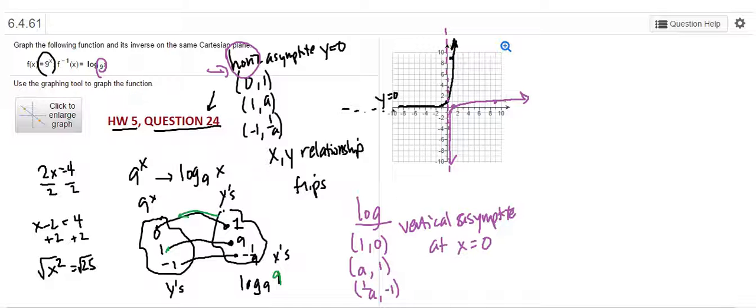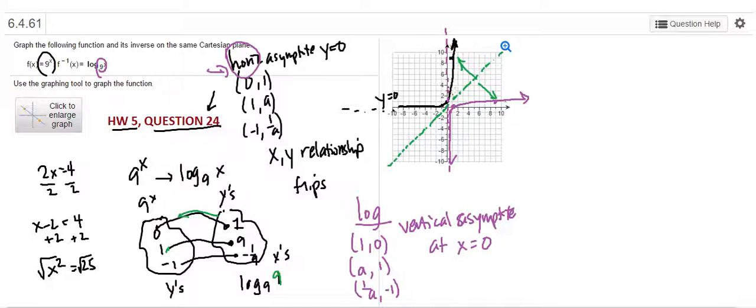And now another neat point here about inverses, that's something that's not unique to this section. It's true of any inverse function. It doesn't matter what it is. If you draw a line diagonally at a perfect 45-degree angle through a graphing grid, these two graphs are perfectly symmetric from one side to the other. It's like a mirror image.